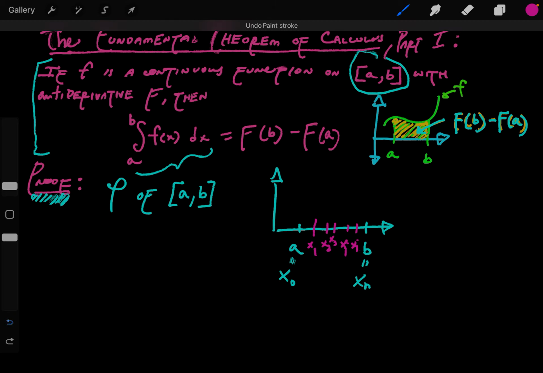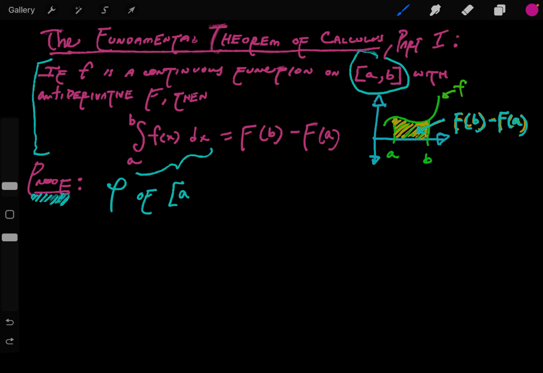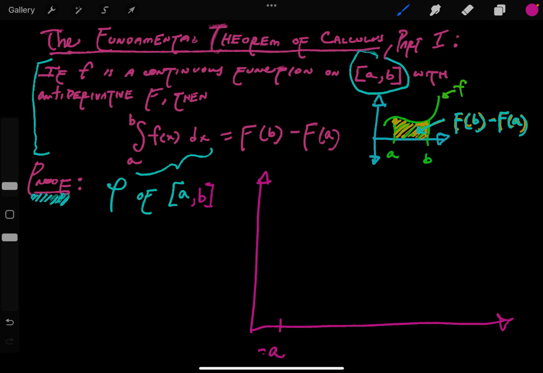Now I'm going to draw this a little bit bigger because we're probably going to need more space to illustrate exactly what's happening, and see these pieces all fit together in the right way. I'm going to say this is a, which is x0 in my partition, and this is xn, which is b.